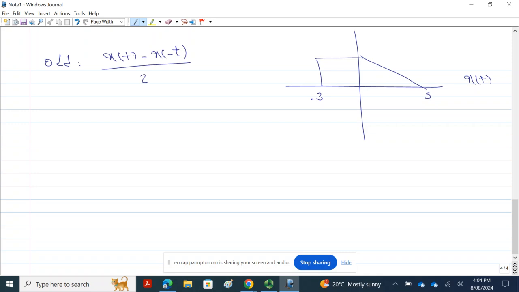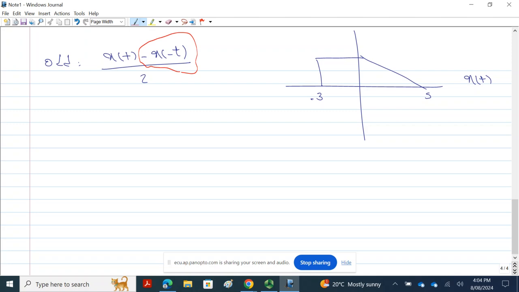Now, there are two approaches. One is find minus x minus t. So, graphically, find this bit and then add these two together. Okay.